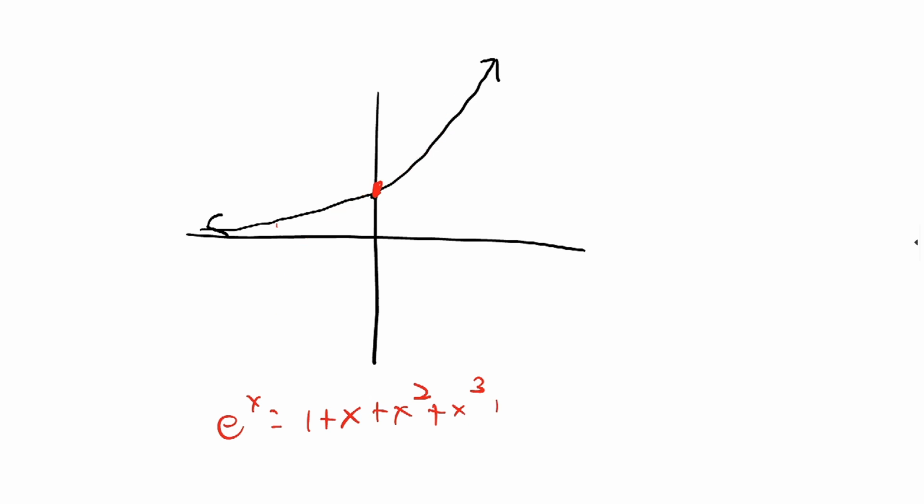Then it's going to be x to the 4th, like this, then x to the 5th, like this, then x to the 6th. Oh, by the way, over 2 factorial, over 3 factorial, 4 factorial, 5 factorial, 6 factorial. Sorry about that.